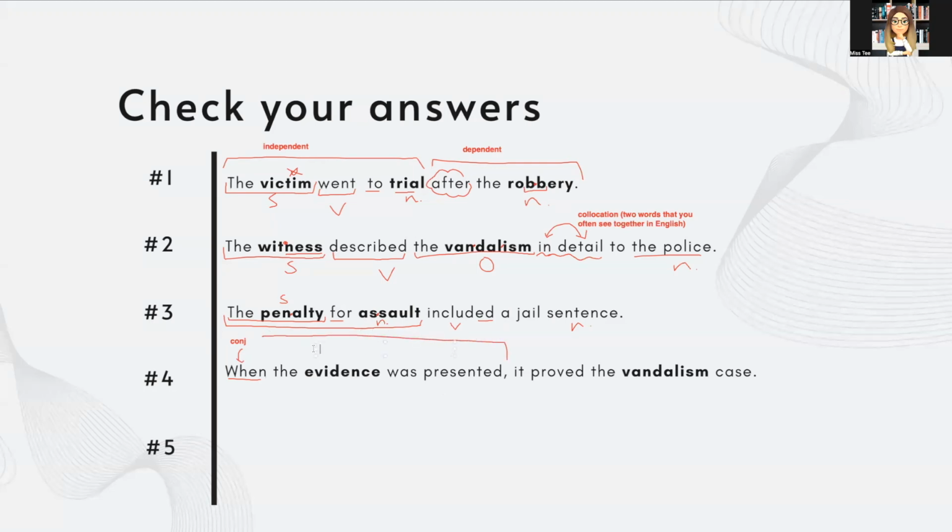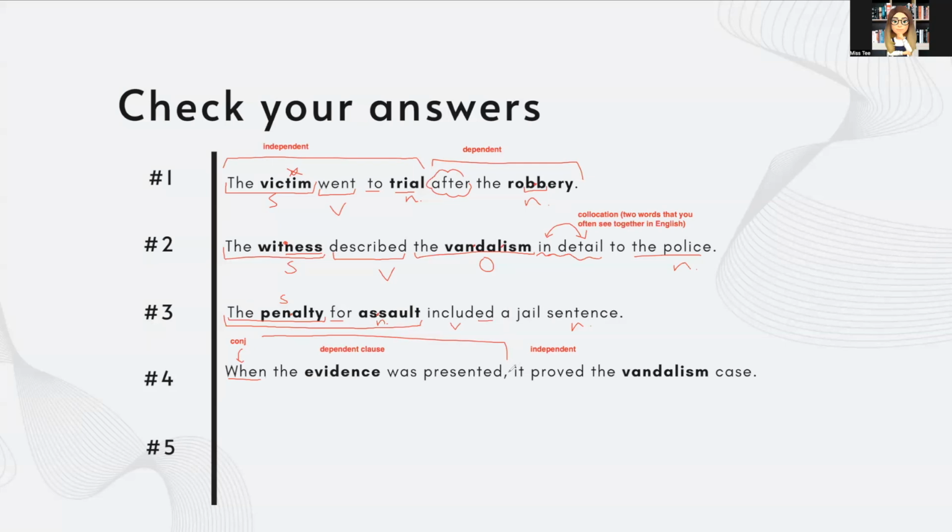So this all is a dependent clause. After that, we have our independent clause. We have our subject, we have our verb, and we have the object. So this is independent, and that would make complete sense if it stood alone. So we know it's independent. Because we have dependent first and independent second, which is different from number one.